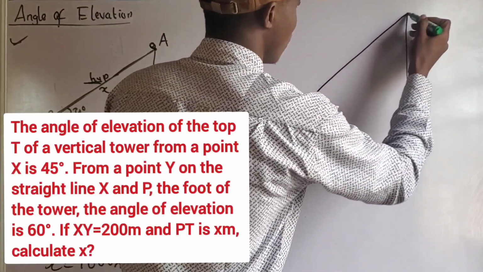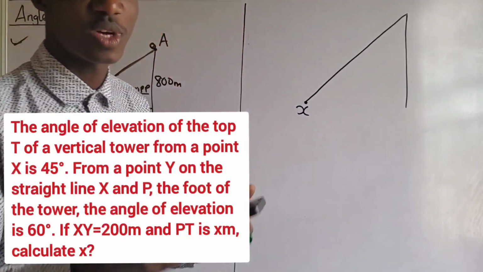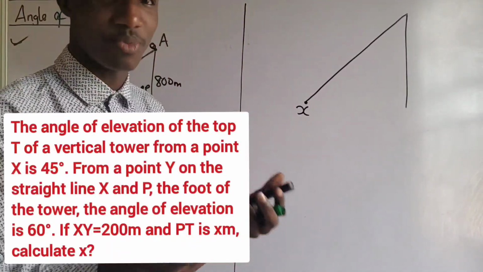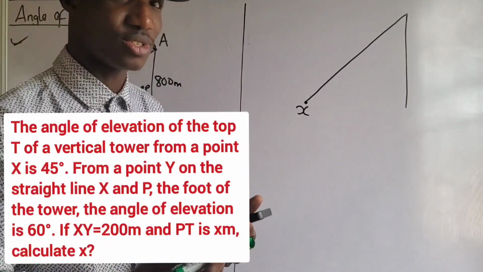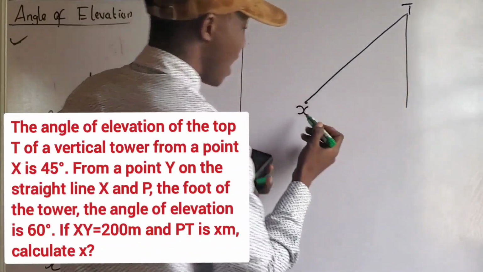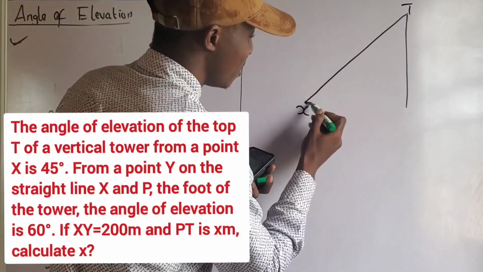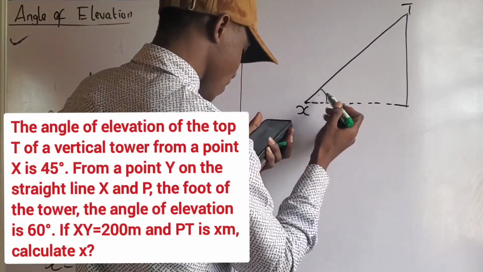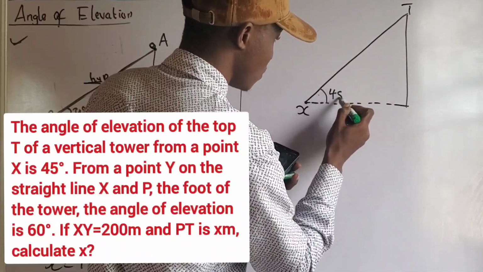This is what you are given in the question that you use to draw the diagram. All you have to do is pay attention. So this is the top T of the tower, and this is point X, and this angle of elevation is 45 degrees.